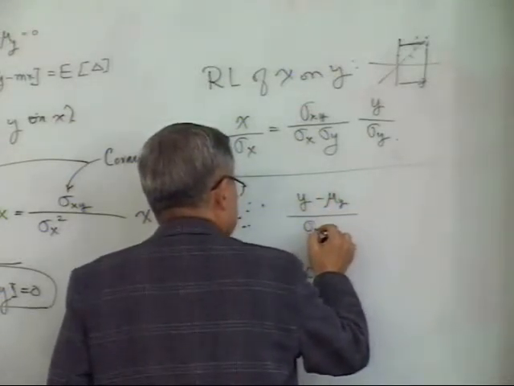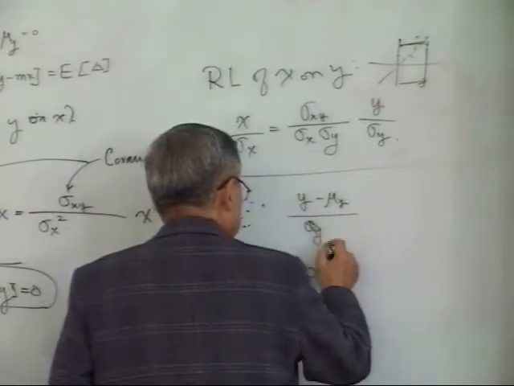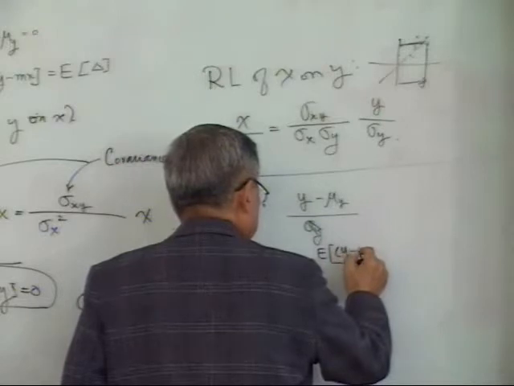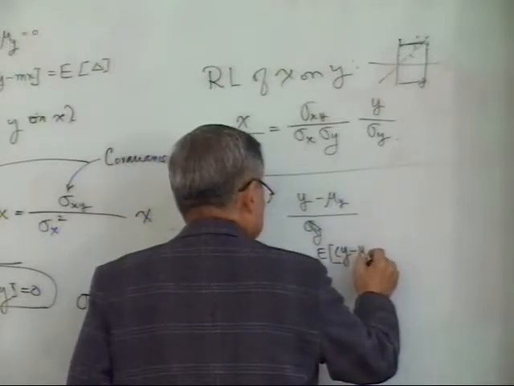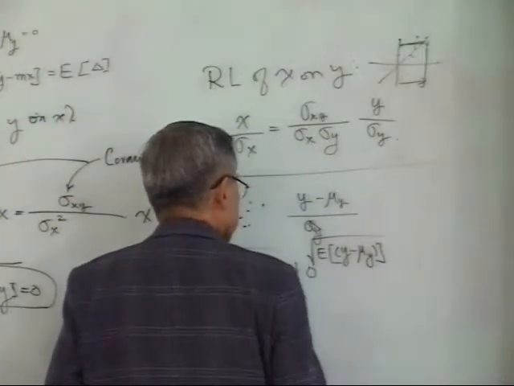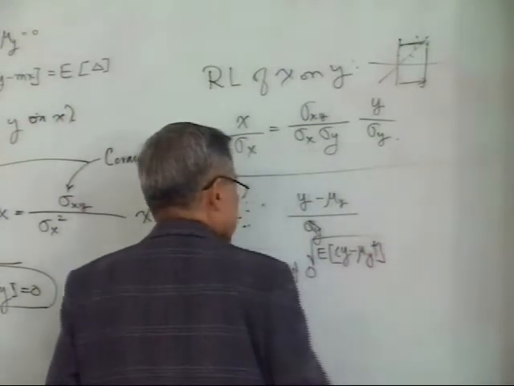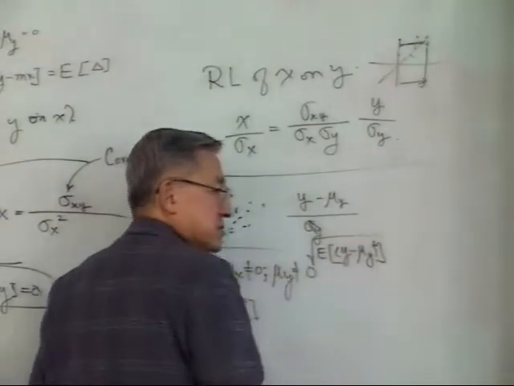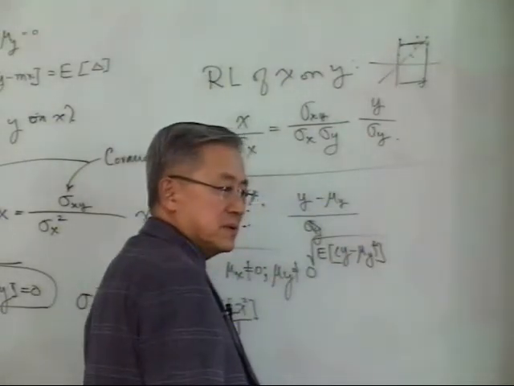The variance is the expected value of (y minus mu y) squared, then take a square root to change it into standard deviation.